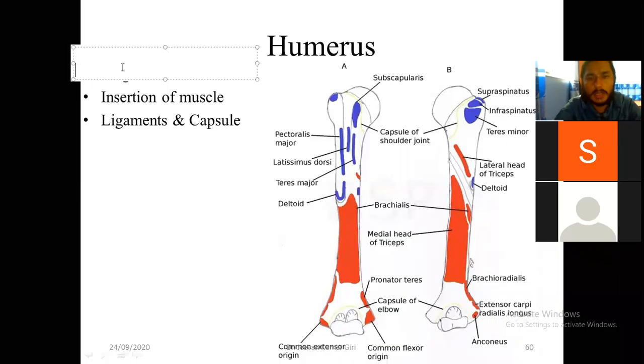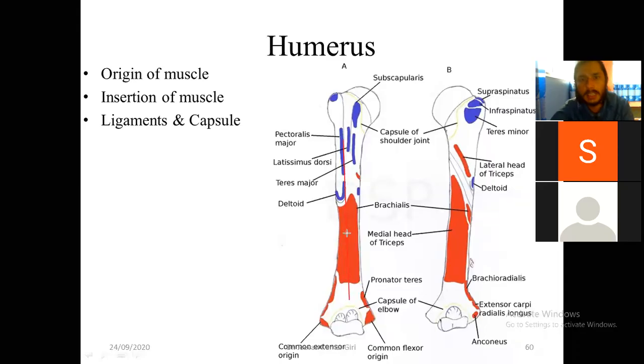Anterior lateral and anterior medial surface. Now, can you see one muscle here? This muscle is the brachialis. See here, your anterior border is from here. This is the anterior border of the humerus.